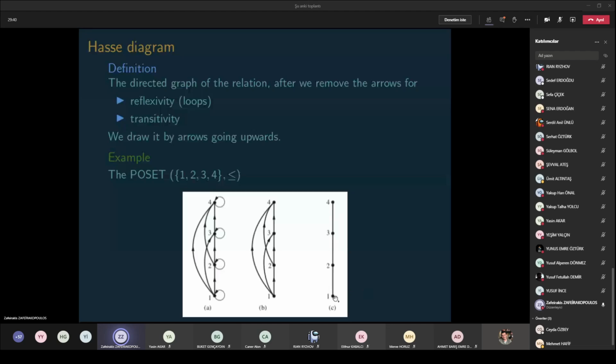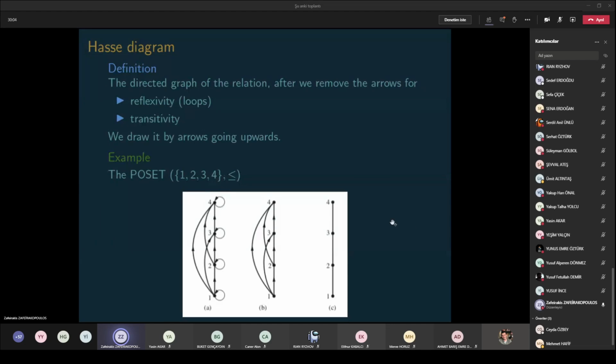So here what it means is 1 is smaller than 2, 2 smaller than 3, 3 smaller than 4. And I think this is much better to understand what's going on. And this is why it's called the chain. Remember when we said that a total order is called a chain? That's why.